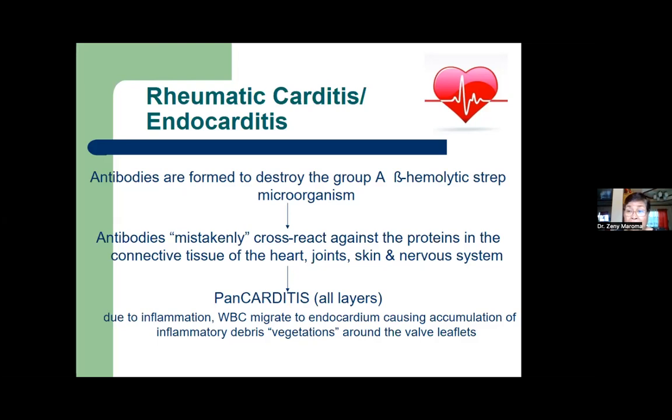And mamamaga yung mga valves, at saka end product ng giyera, okay, the end product of phagocytosis, no, because of that cellular response is formation of inflammatory debris or tinatawag nating vegetations. Kaya in the future, pag nakita yung word vegetation, ibig sabihin the client has endocarditis.